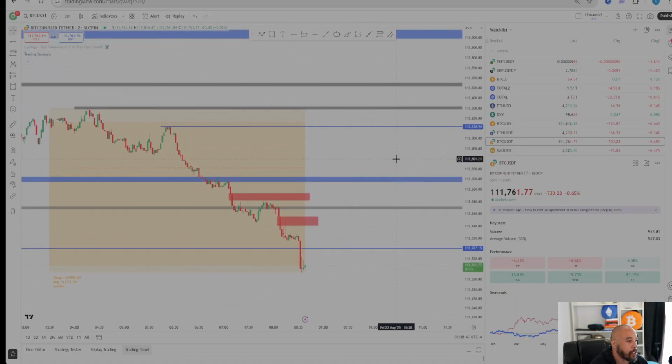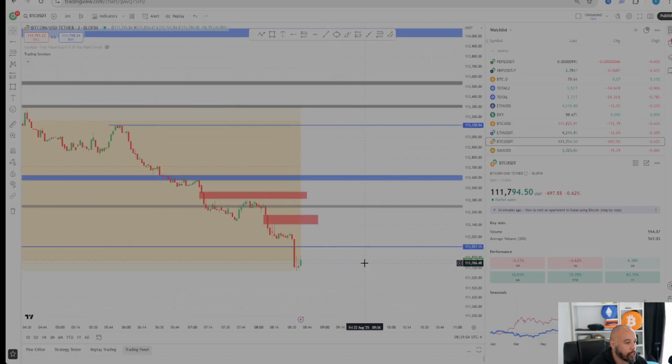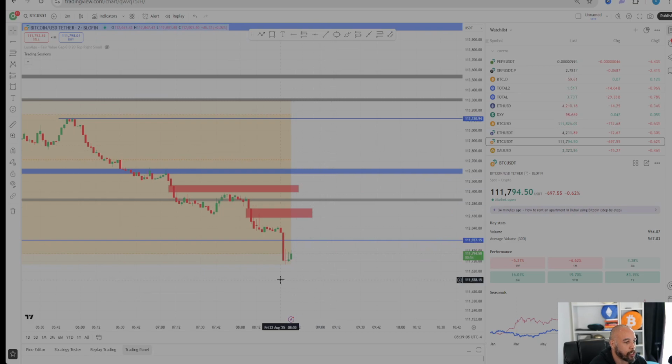Accumulation, manipulation, and now hopefully I reckon in New York session we're going to go to distribution. So accumulation is this, manipulation is this, and now as New York session opens, we should be going to distribution.